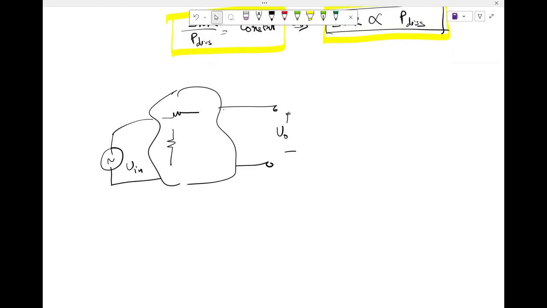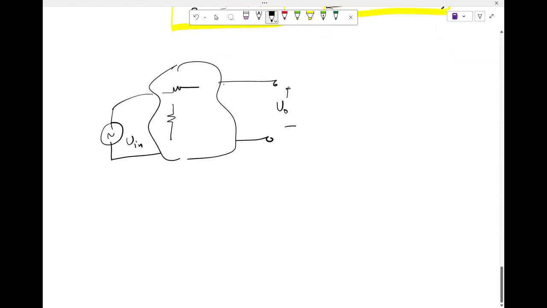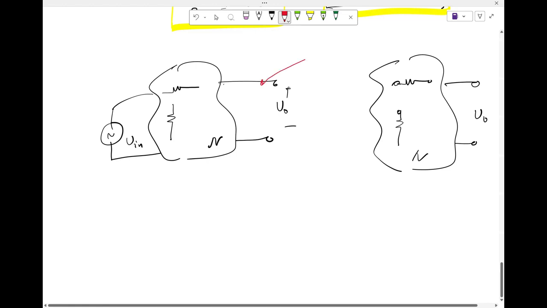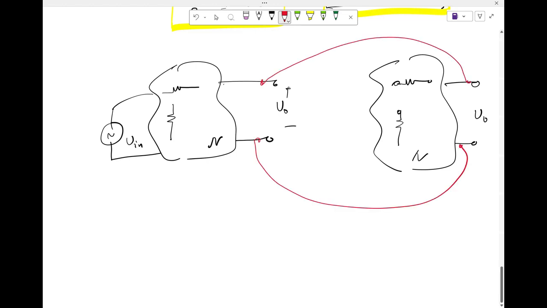So let's say I take another identical network. This is N, I take another identical network, N. This is capacitor and everything is there. And I connect these two networks node to node. What I mean is, this node connects here, this node connects here.